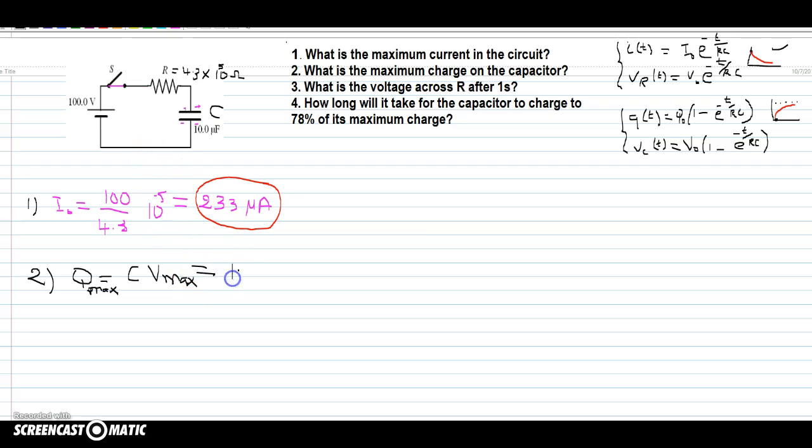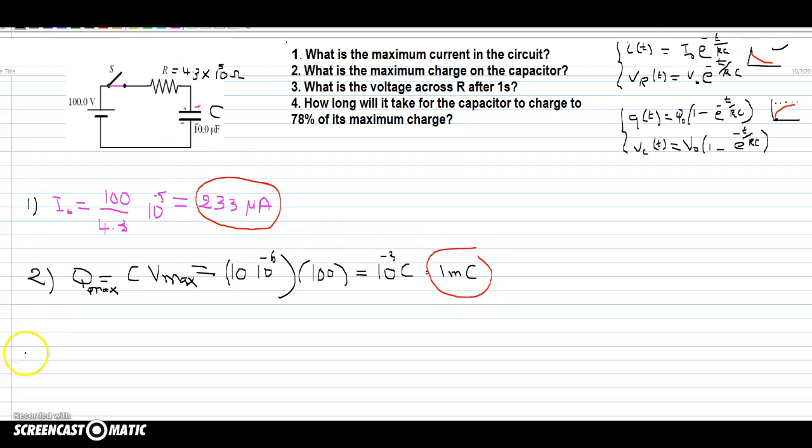So that's C, 10 micro, 10 negative 6, and the voltage is 100. So 10 and 1000, this is just 10 negative 3 coulomb, or 1 millicoulomb. So that is the maximum charge in the capacitor if we wait long enough.